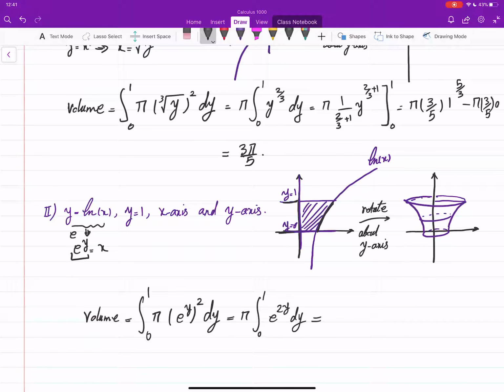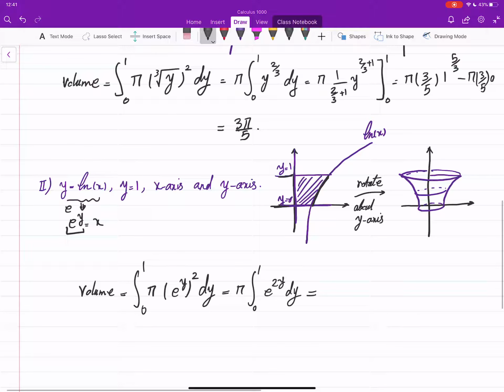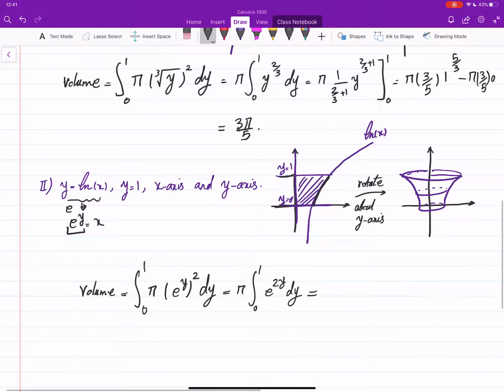How can we evaluate this integral? Well, we can use substitution here. So 2y equals u, du is equal to 2 dy. If y is 0, then u is 0. If y is 1, then u is 2.